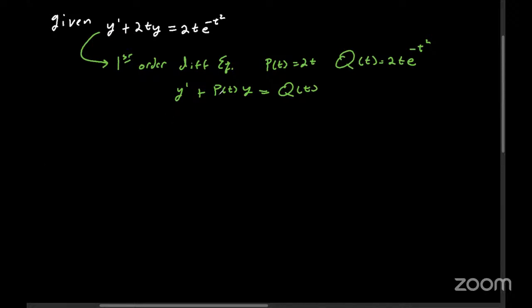Okay. If that's the case, and it does appear to be so, then we can find our integrating factor. And our integrating factor is yet another function, and it's e to the integral of whatever P of t is. So this is e, and then that's 2t dt.